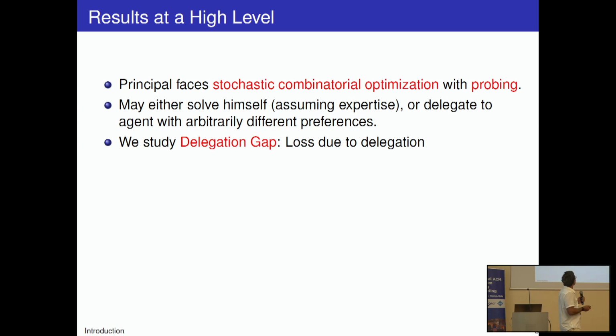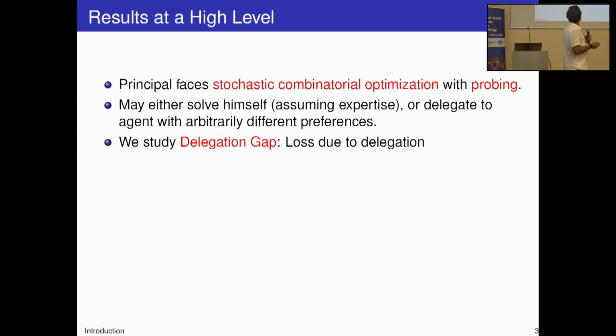So let me talk about our results at a high level before getting into the formal details of the model. So what we have here is a principal who faces a stochastic combinatorial optimization problem. It's a problem that if he had the expertise, he might solve by himself, or he may delegate it to an agent who has arbitrarily different preferences. And what we're going to study is the loss due to delegation, which we're going to call the delegation gap.